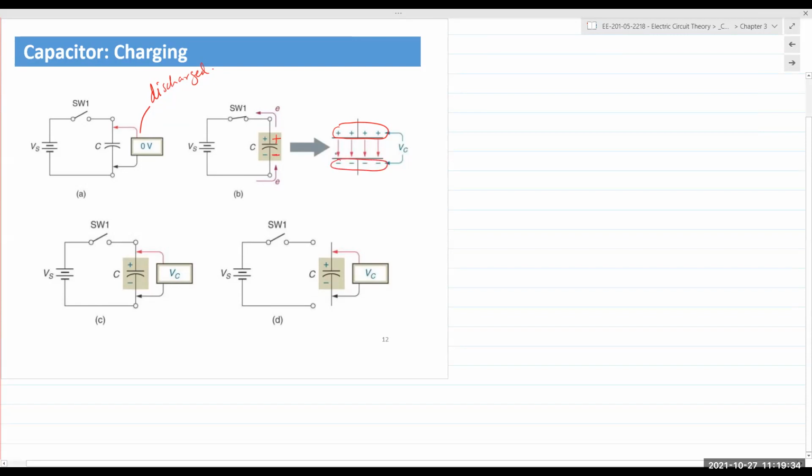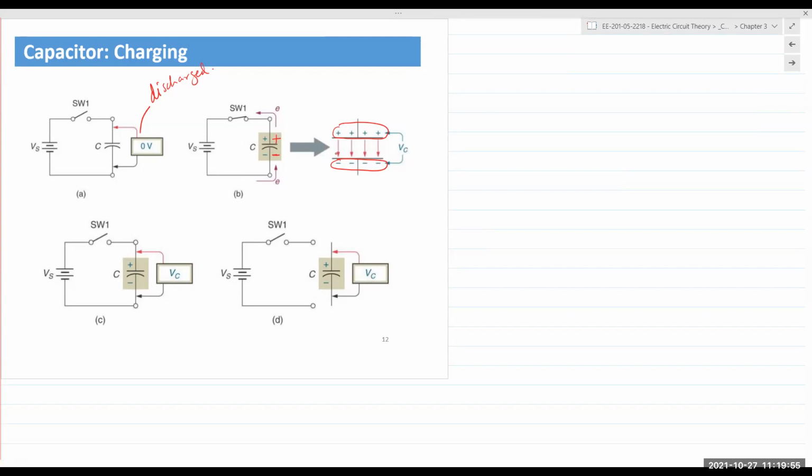When you have a buildup of charges, there's a difference in potential, and we call that voltage, the capacitor voltage, VC. So charge builds up on the capacitor plates, and the difference in potential we define as VC.